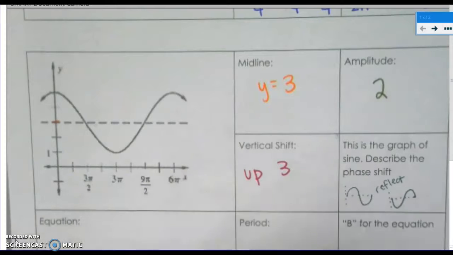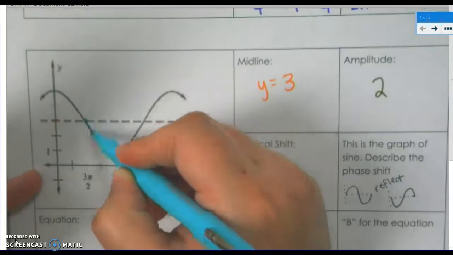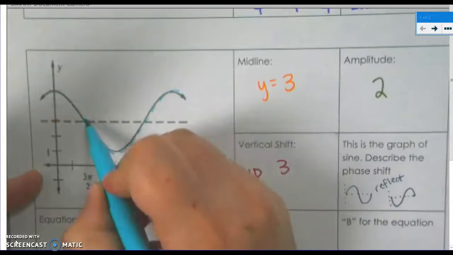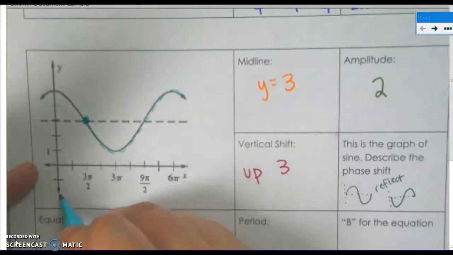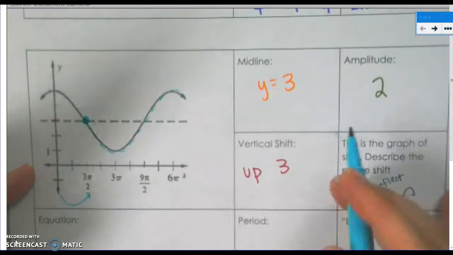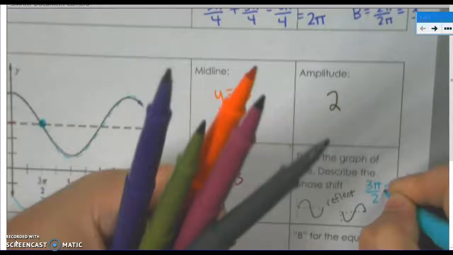Because I can see that in this picture right here. Down first and then up. So that would be my starting point, which is 3 pi over 2. So 3 pi over 2 to the right.